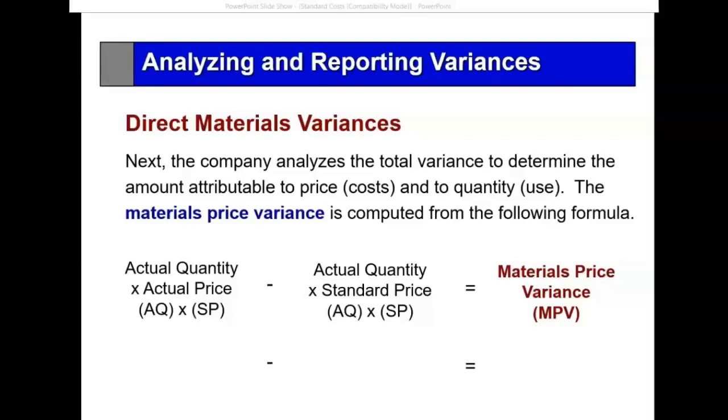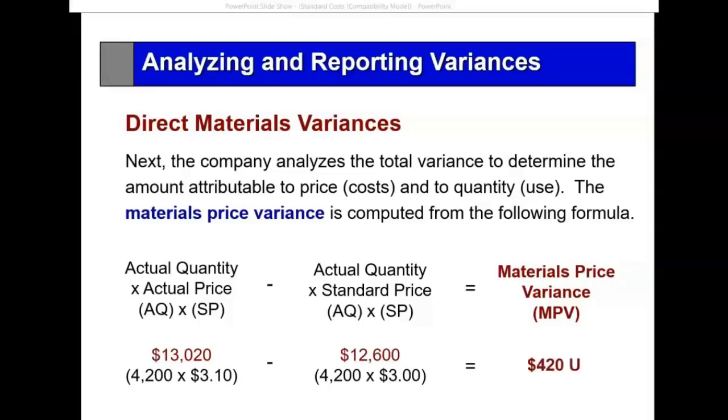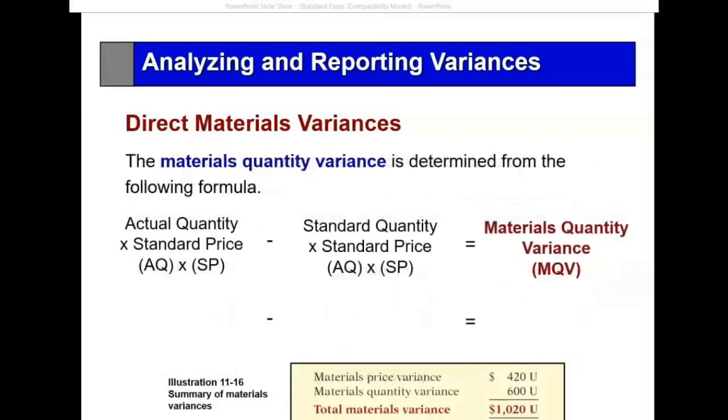Now, that explains why I have a total unfavorable of 1,020. That's 600 unfavorable on quantity and 420 unfavorable on price. So 600 as a percentage of about 12,000, where 10% would be 1,200, is about a 5% variance, so it would be worth looking into why we used more material than we should have.